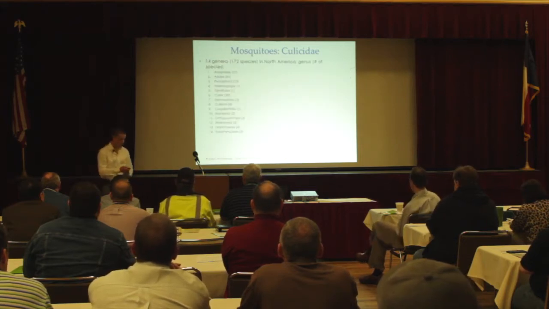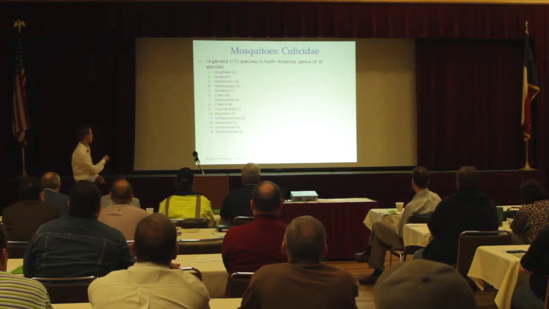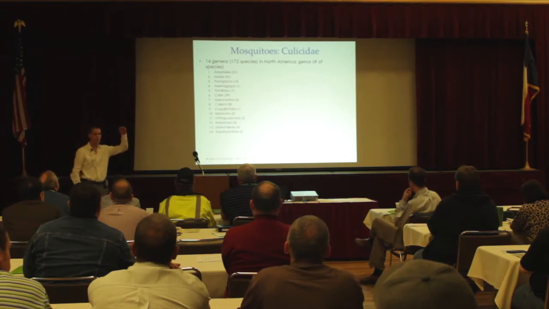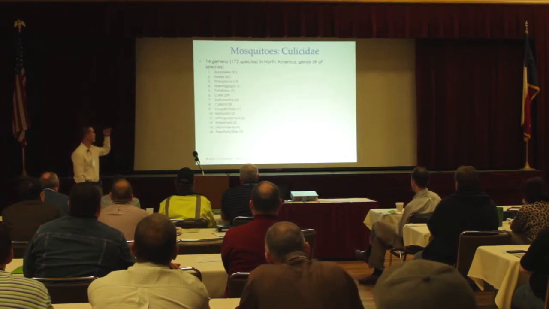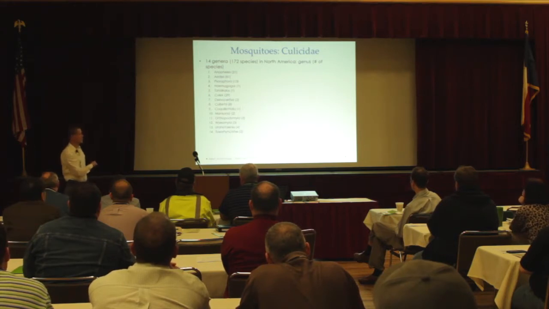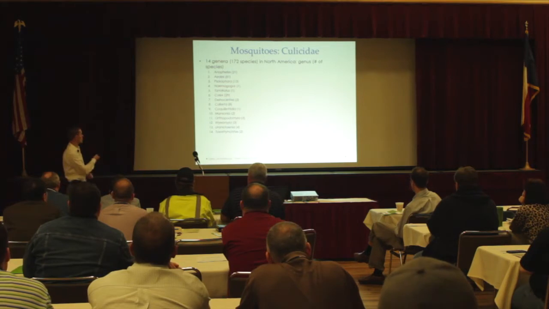All right, so here in the United States, there are 172 species of mosquito falling into 14 different genera. Again, we're talking order Diptera, family Culicidae, and then the taxonomic unit of genus would be another grouping, and within these would be the species level.